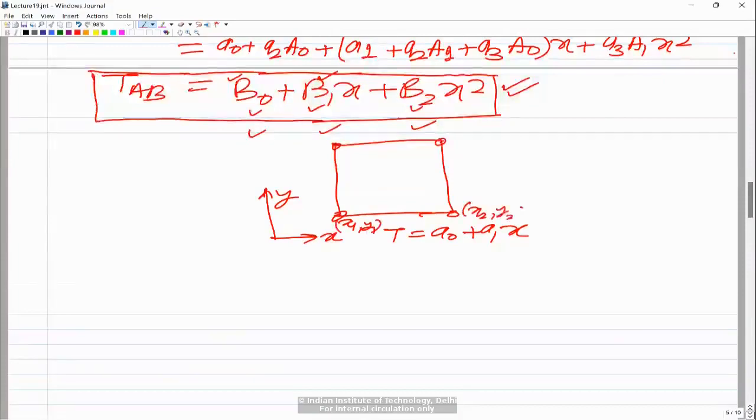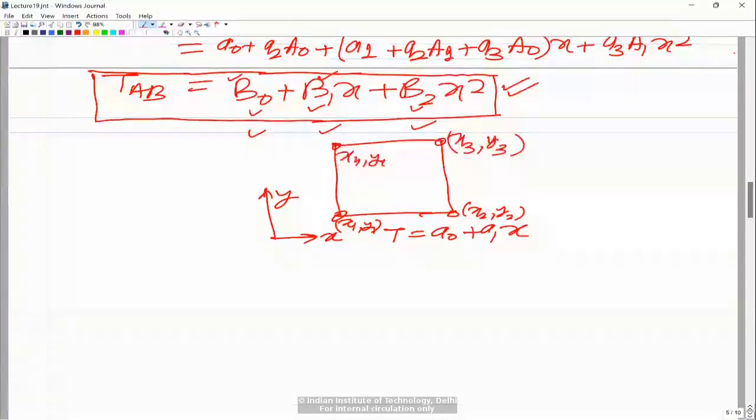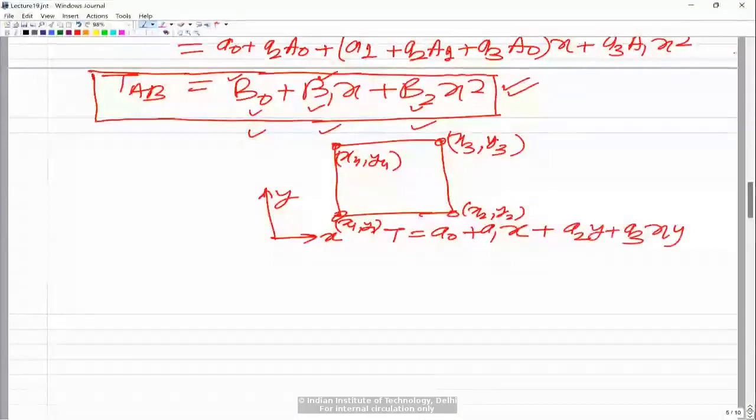Of course, you will have y1 and y2 the same for the rectangular element, and this would be x3 and y3, and you would see x3 would be the same as x2, and this would be x4 and y4, and you will see y4 would be the same as y3 and x4 would be the same as x1 for a rectangular element. So in that case you will have the approximation as T equal to a0 plus a1x plus a2y plus a3xy. You can do it in the local coordinate system or the global, it doesn't matter, it gives you the same thing.